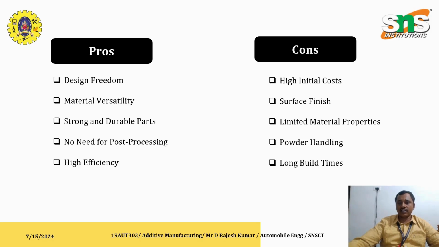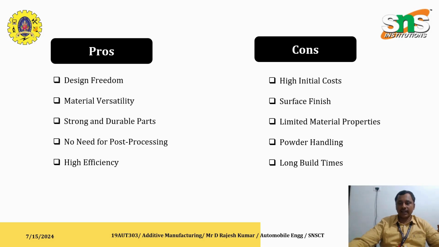Whereas the disadvantage is that the 3D printing process always has a high initial cost, and the products that are manufactured using this selective laser melting have poor surface finish because of the uneven surface. Later it should be cleaned, or it should be processed.